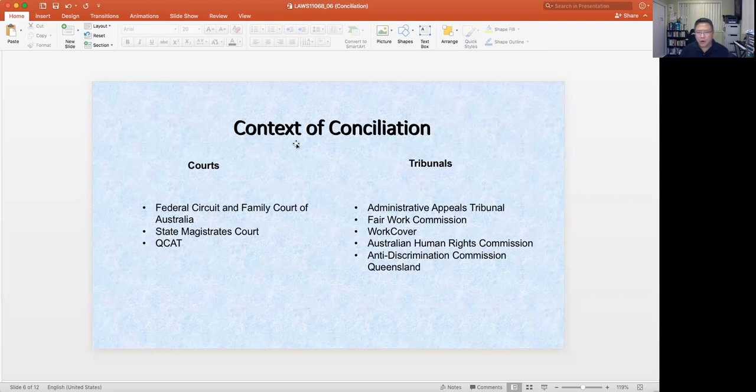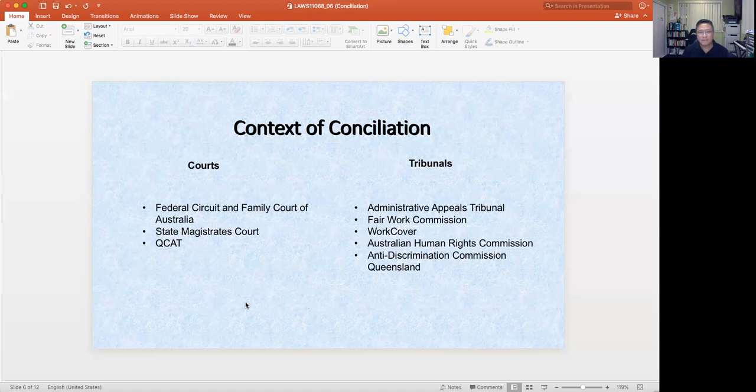Okay, but the whole point there is that in relation to both courts and tribunals, these are adjudicative bodies. The courts mainly belong to the judiciary, which is the other branch of government. Tribunals mainly belong to the executive, but both are actually adjudicative. They make adjudications. But equally, the other important point we need to remember is that they are created by statute. So there is a purpose behind the creation of courts and there is a purpose behind the creation of tribunals.